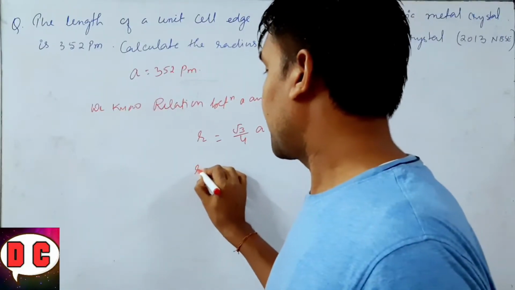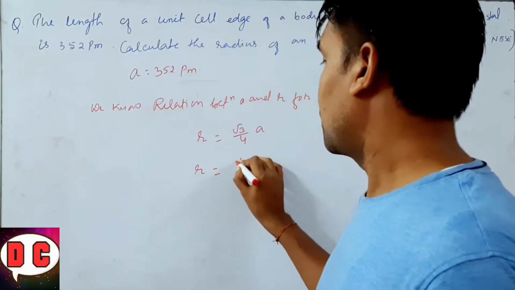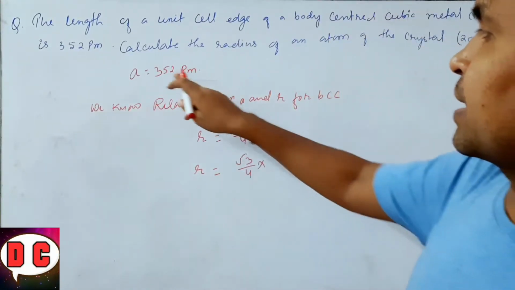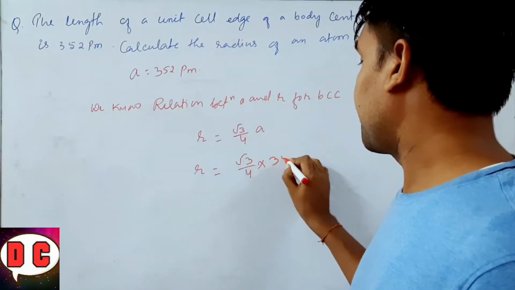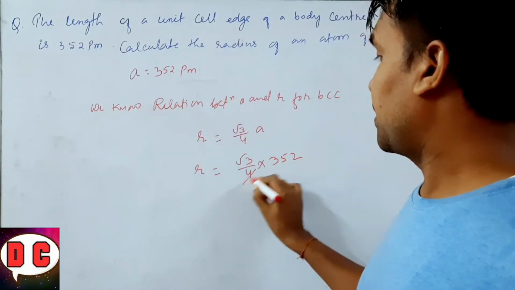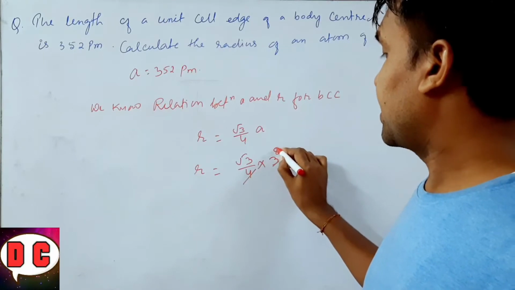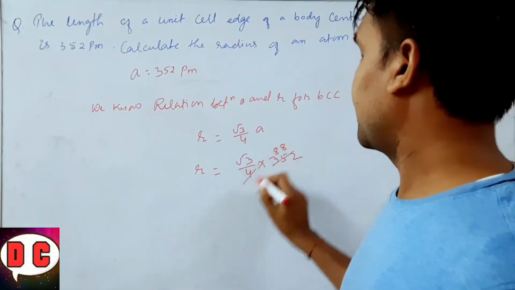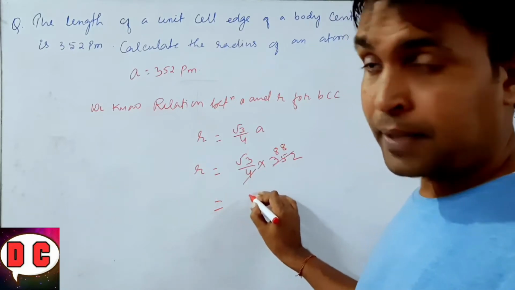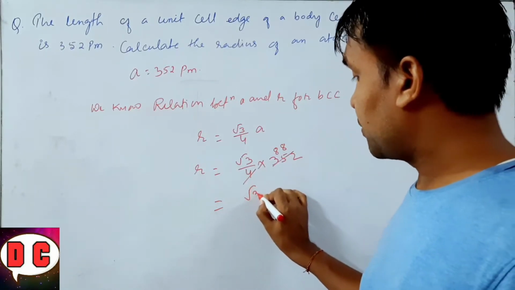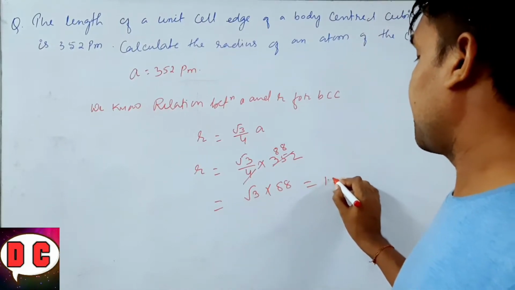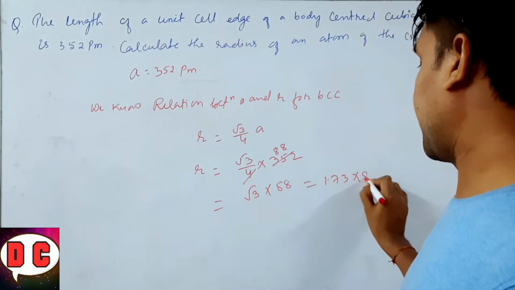So here r equals root 3 by 4 into the edge length, which is given as 352. Here 4 8s are 32, so it will be root 3 into 88. The root 3 value is 1.73, into 88.